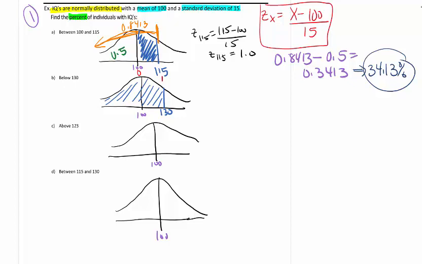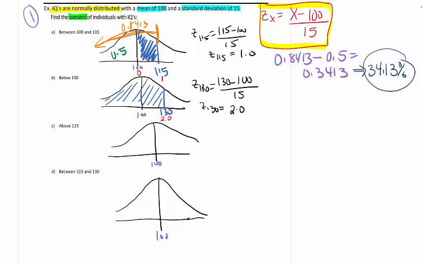So for my standardization here, z of 130 is 130 minus 100 over 15. Because remember, what we're using to standardize is our z-score. And most of you could probably look at this one and tell me what the answer is. My z of 130 is 30 divided by 15, which is 2.0.